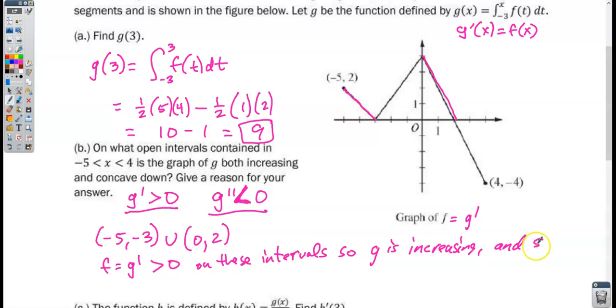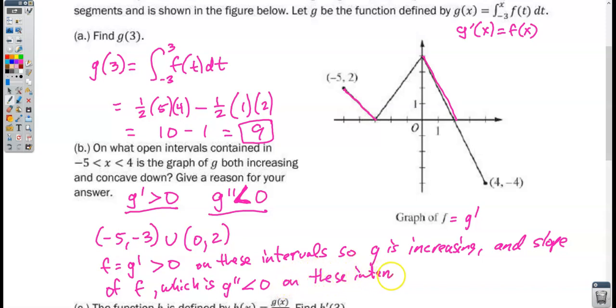And the slope of f, which is g double prime, is less than 0 on these intervals. So g is concave down. Okay.